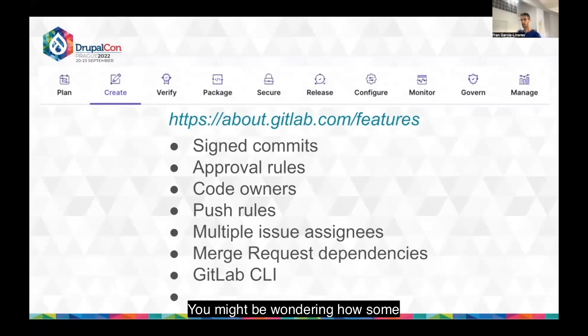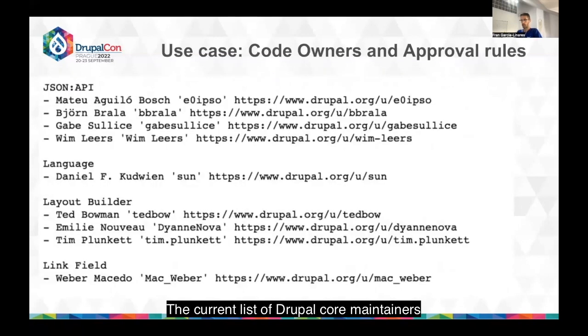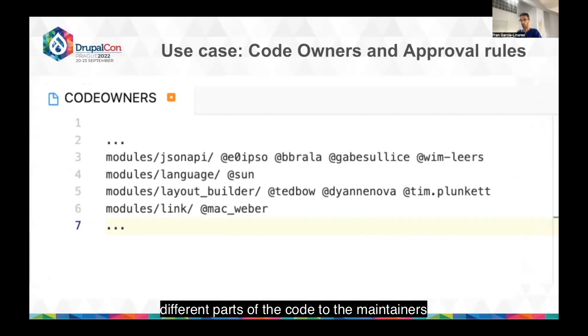You might be wondering how some of these features might help us go faster. Let's go through an example. The current list of Drupal core maintainers is pretty extensive, and so is the number of issues created in Drupal core. We could create a code owners file that will assign different parts of the code to the maintainers in charge of each section.